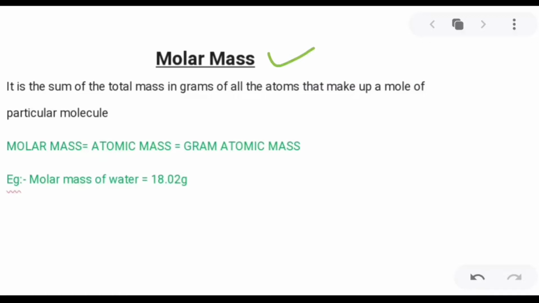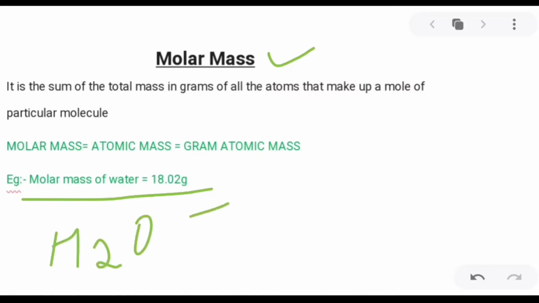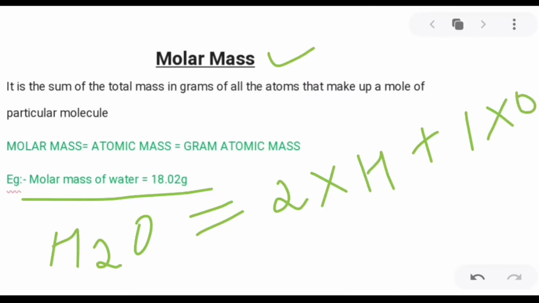Now let us understand by taking the example of water. What is the molar mass of water? Molar mass of water is 18.02 gram. How did we calculate the molar mass of water as 18.02 gram? Let's understand. 1 mole of water means H2O. In this, we can clearly see 2 atoms of H and 1 atom of oxygen.